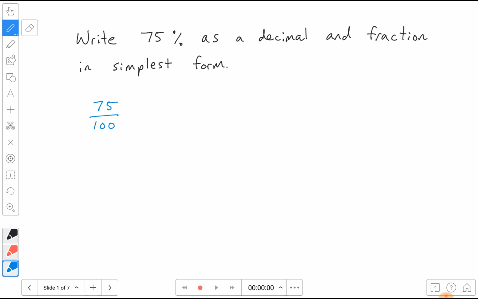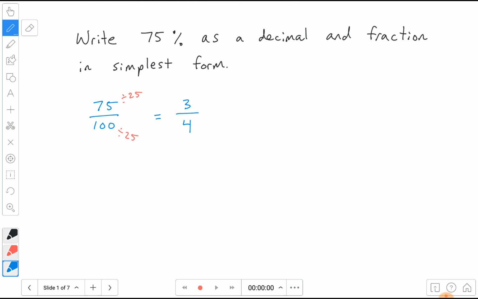Both of these numbers you can divide by 25. And if we do so, 75 divided by 25 gives us 3, and 100 divided by 25 is 4. So 3 over 4 is the fraction for 75 over 100.